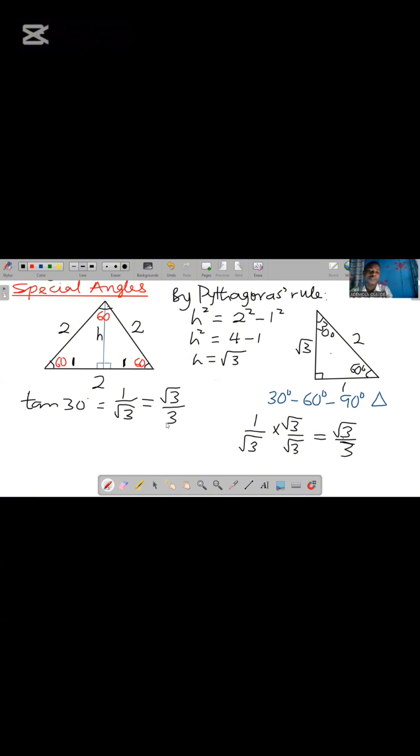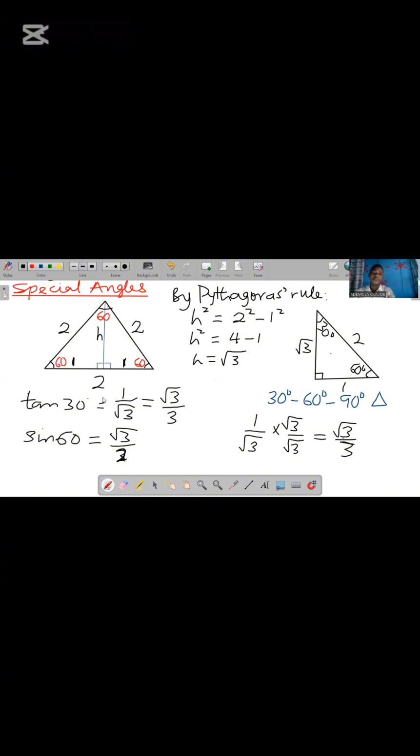If we also want to find maybe sine 60, for example, sine is opposite over hypotenuse. That will be root 3 over 2. Root 3 over 2, that is opposite over hypotenuse.